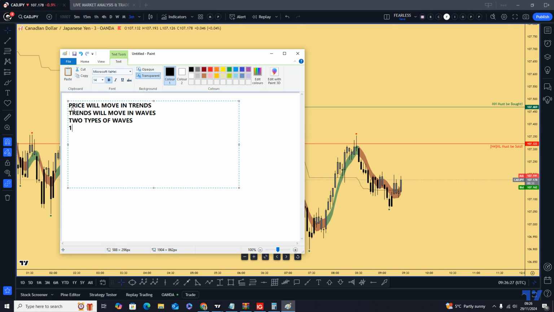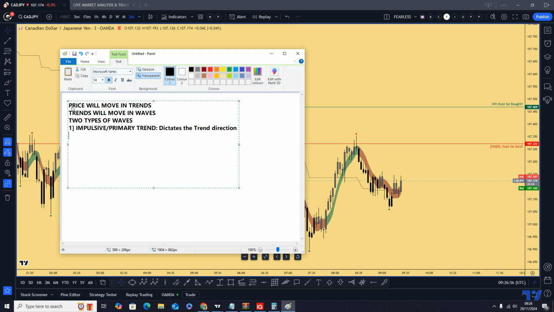The first one, which dictates the trend, is what we call the impulsive wave, or I like to call it the primary trend. That's the wave that we count. That is the one that dictates the trend direction.